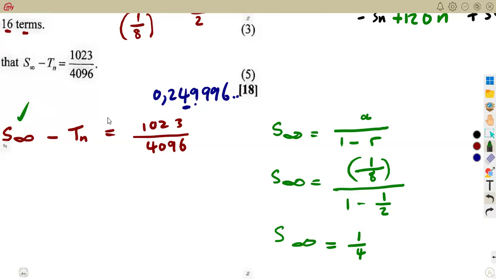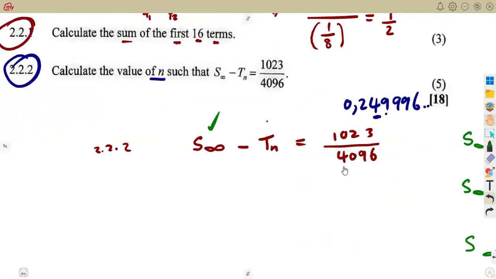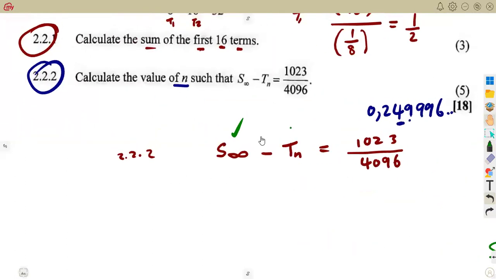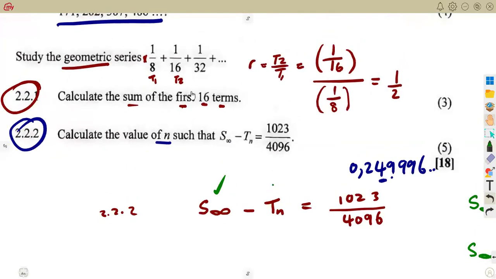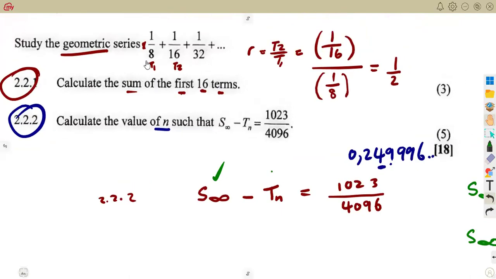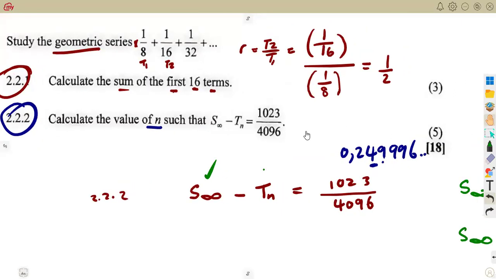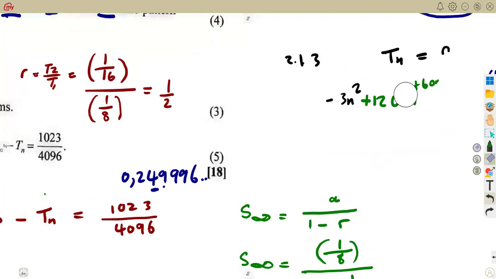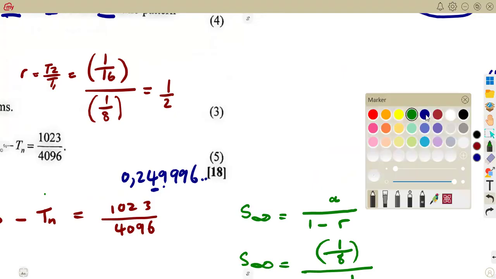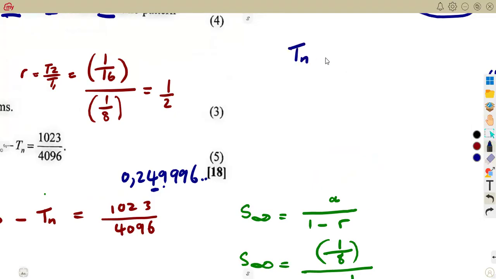So we have this one. What about Tn? How do you calculate Tn under a geometric series? We have our R, and also our A, which is our first term. Remember that Tn of a geometric series is given as A R to the exponent of n minus 1.